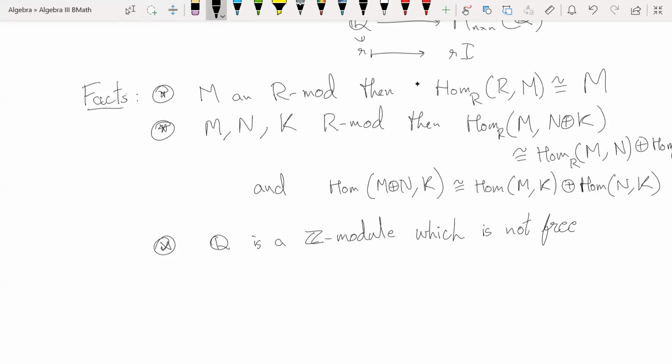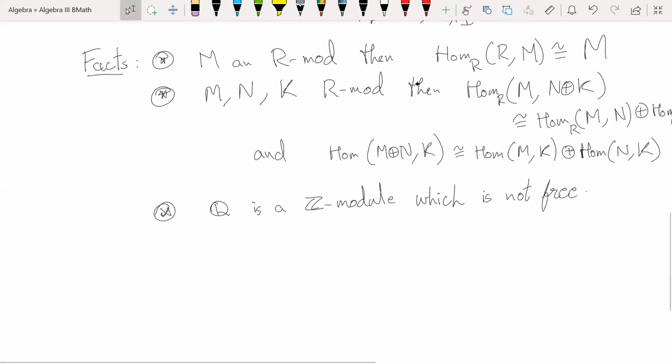Okay. But we'll see that. I don't know if this is in the syllabus, but maybe we'll do the structure theorem. In particular, we show that a finitely generated torsion-free Z-module is actually free. So a finitely generated torsion-free abelian group is Z to the power n.